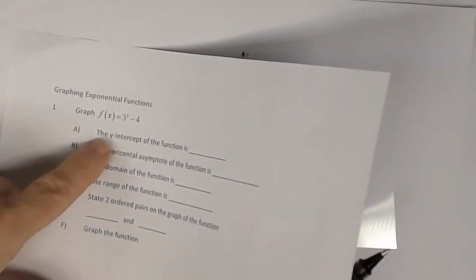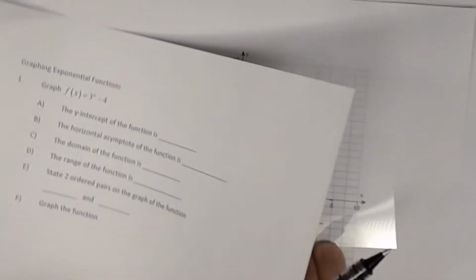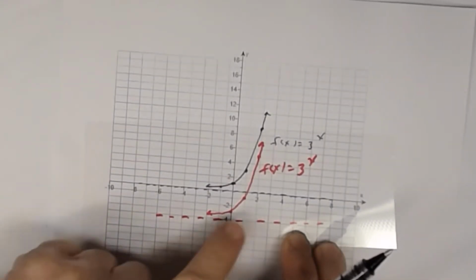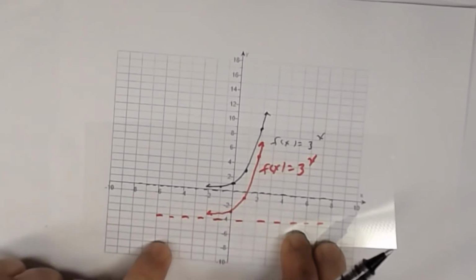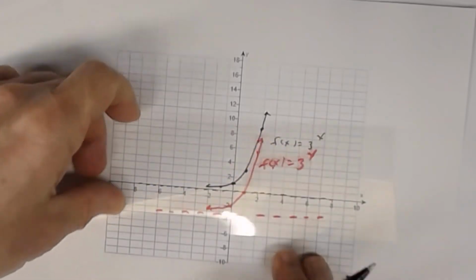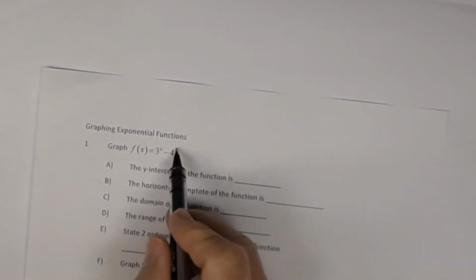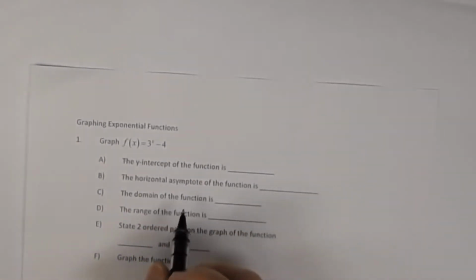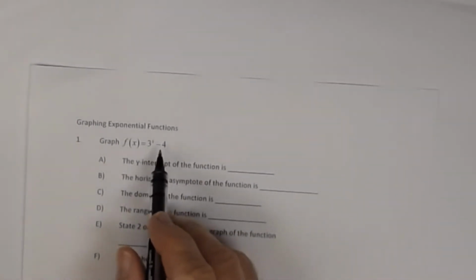All right, so when I graph f of x equals 3 to the x minus 4, this will be the graph I will end up with, the red graph, where the horizontal asymptote is at y equals negative 4. So the points are shifted like this. This negative 4 here, that's your horizontal asymptote.